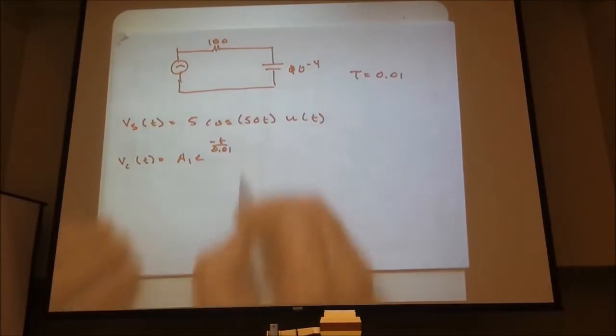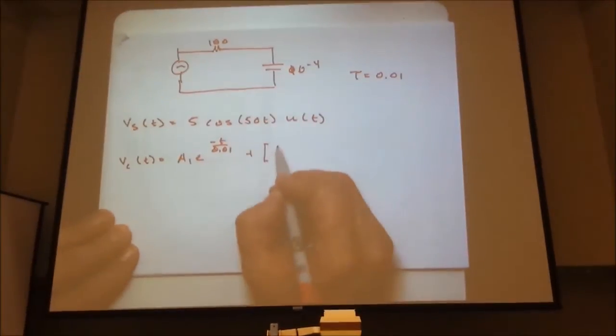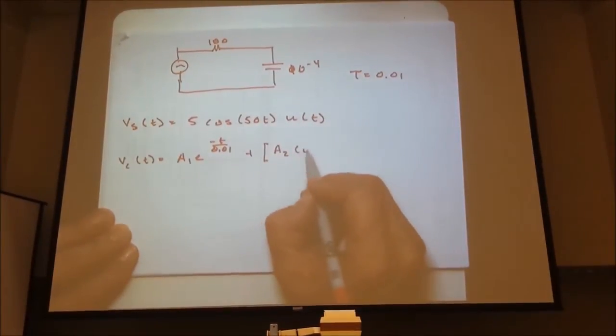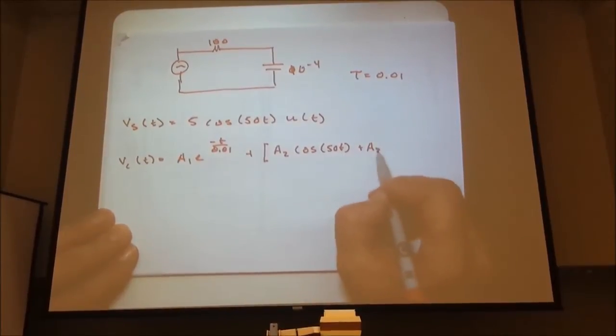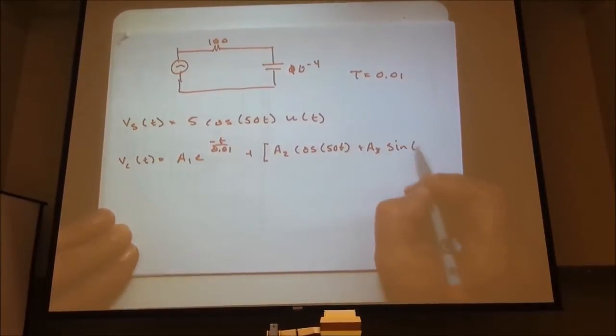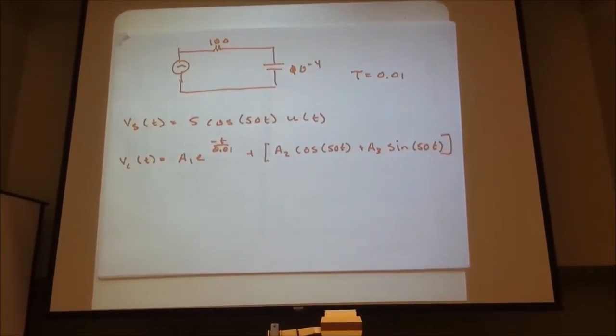And what do we have now? Well, now things get a little bit more complex, perhaps. A2 cosine 50t plus A3 sine 50t. So this takes the same form as our source, but remember a sinusoid has both an amplitude and a phase term.